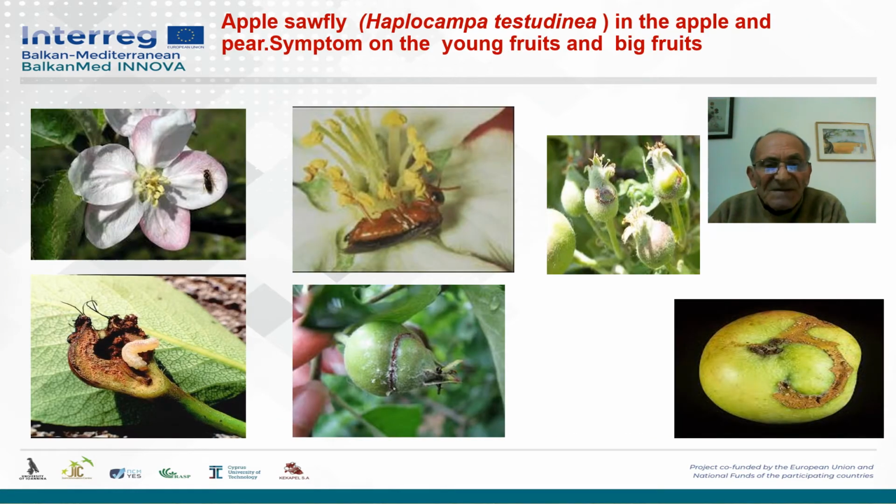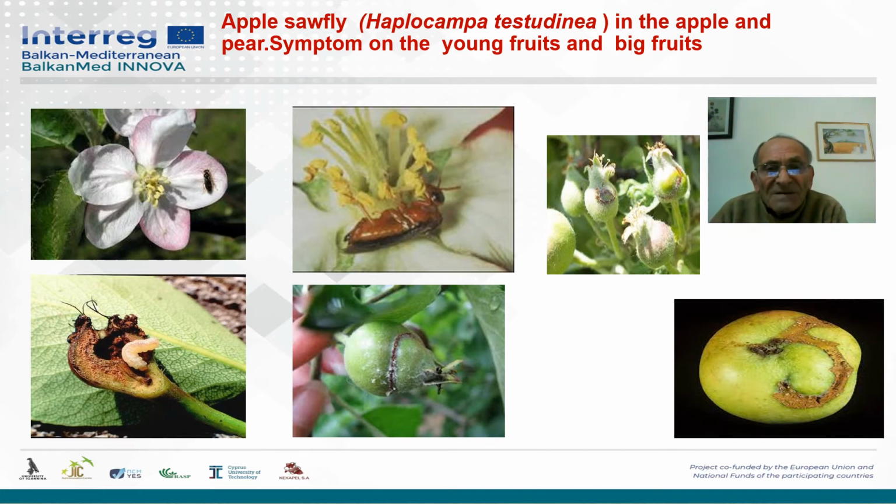If we see such symptoms in the apple, in the plum, in the pear, we need to think of apple sawfly, Hoplocampa testudinea, in apple or in pear. We see here the symptoms in the young fruits and the symptoms in the big fruits.